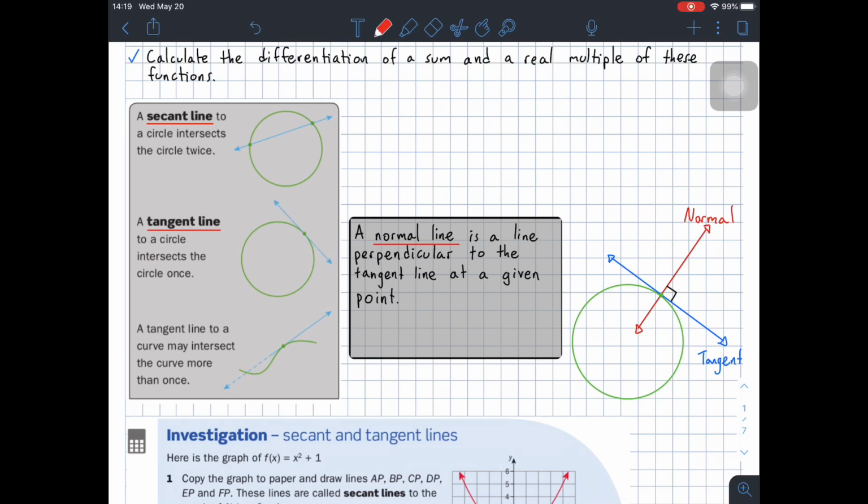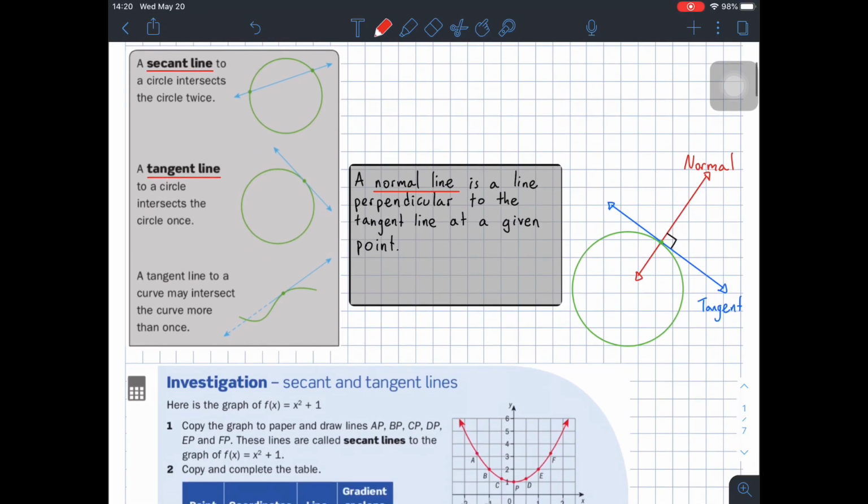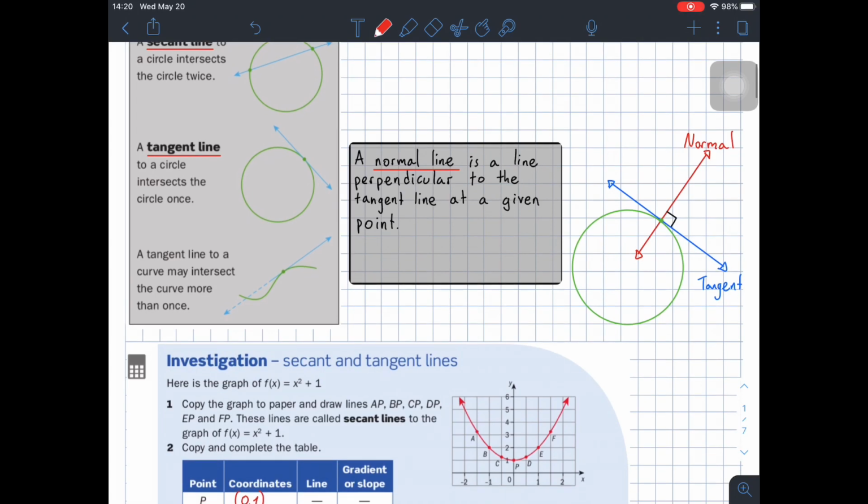It's like we vulgarly say le peina a la curva, right? That's a tangent line. It only touches the curve at one point. Then it says a tangent line to a curve may intersect the curve more than once. In this particular situation, you see that this line over here is tangent to the curve because, as I said before, le peina a la curva right there, right?